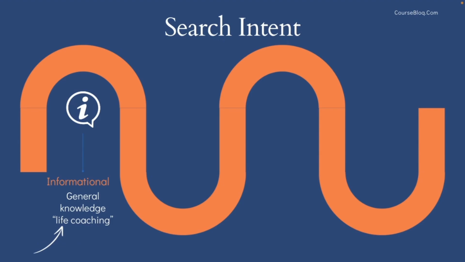Now, there are 4 kinds of search intent usually. The first one is informational, wherein a user is looking for general information or broad information on a topic. An example of informational search intent would be life coaching, which implies someone is generally looking to understand more about life coaching.